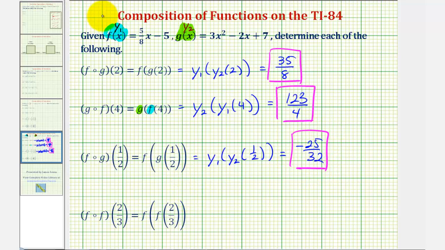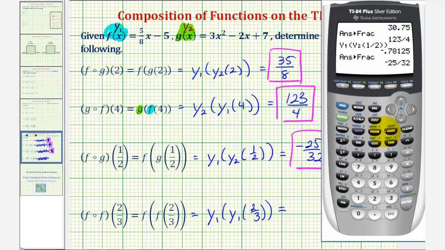And for our last example, we have f of f of 2/3, which would be y sub 1 of y sub 1 of 2/3. So one more time, back to the calculator. Vars, right arrow, enter, enter for y sub 1, open parenthesis.